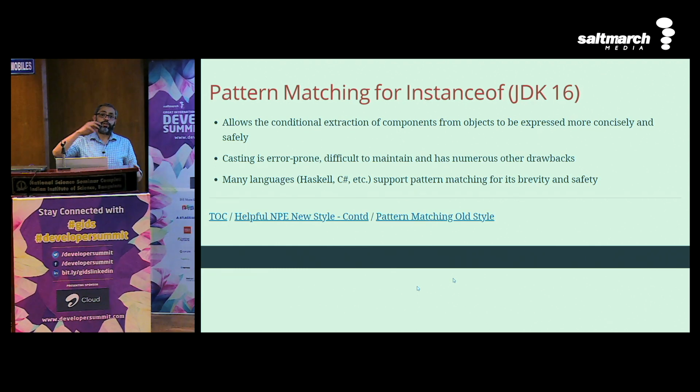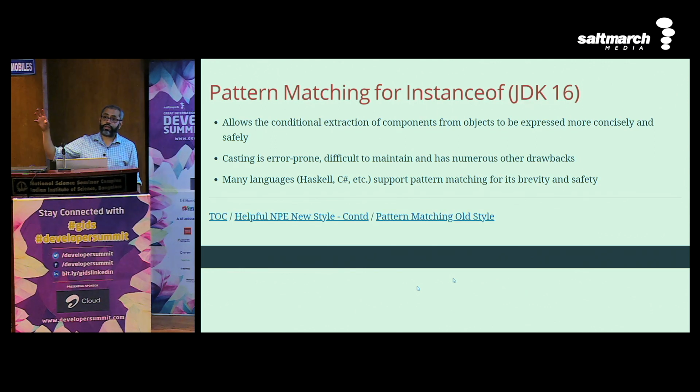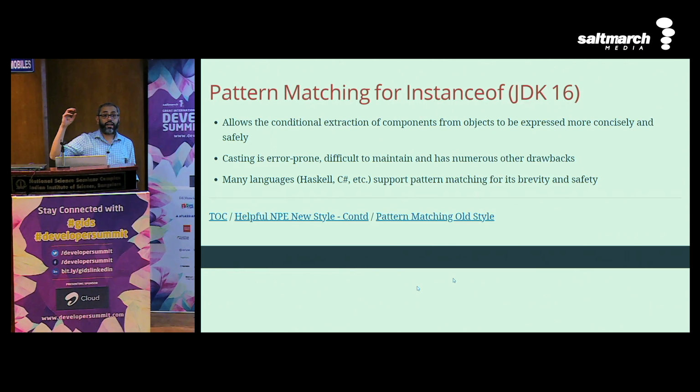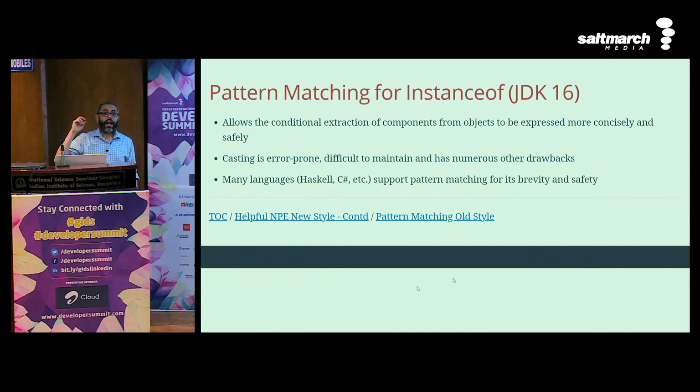This lets you write concise and much clearer code, and it removes casting. And all of us know how bug-prone and unmaintainable casting is. Pattern matching for instanceof also adds a bit more protection in terms of scoping the variables properly, and we'll see what that means as well.